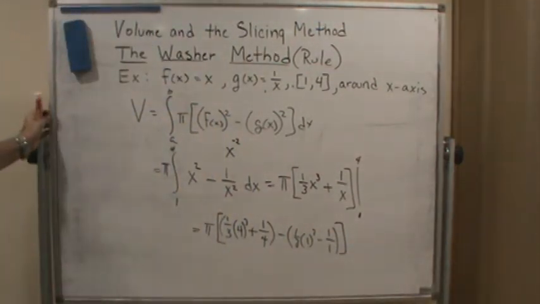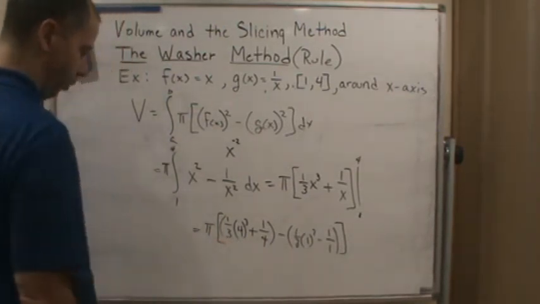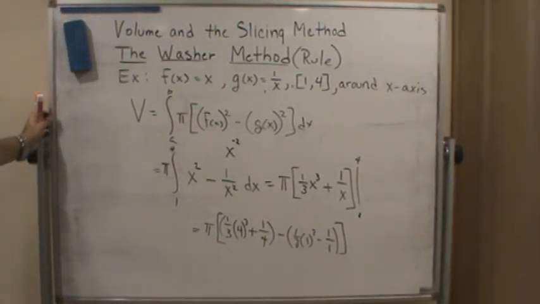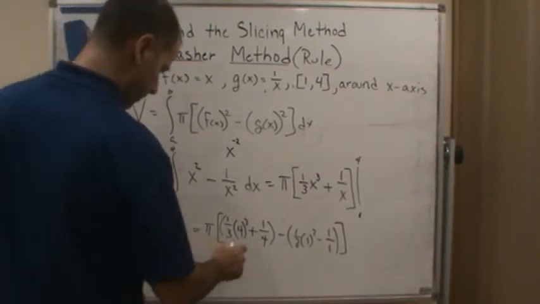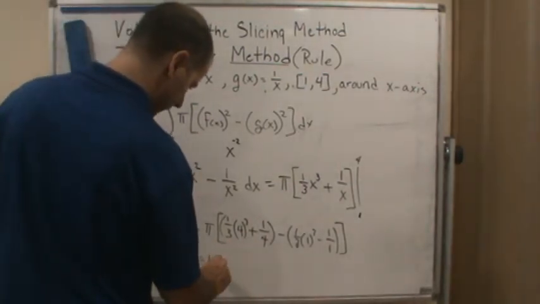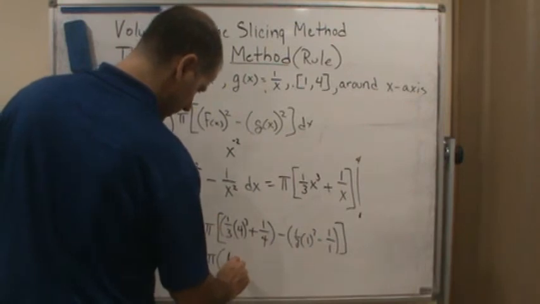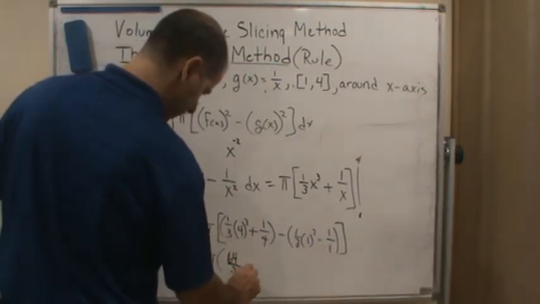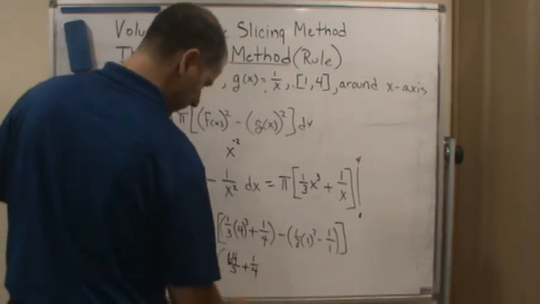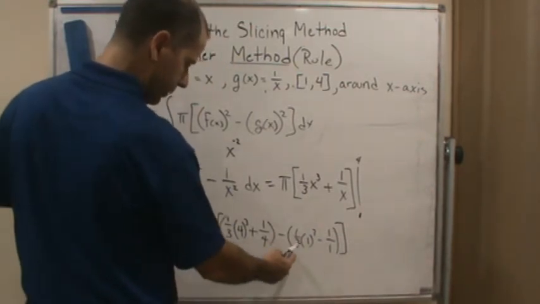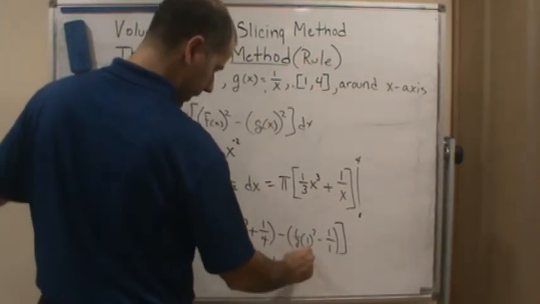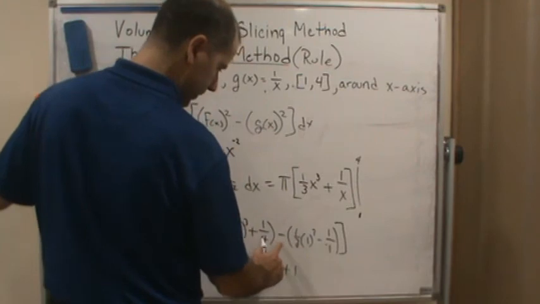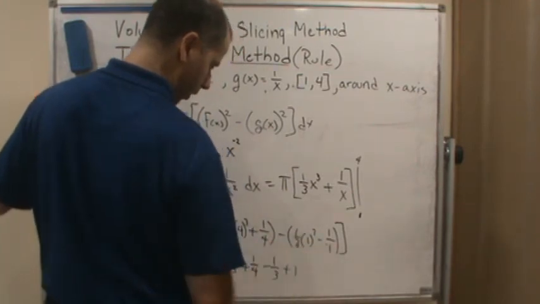Okay, so what happens over here? 4 cubed is 64. 4 times 4 is 16, 16 times 4 is 64. So we get 64 divided by 3. So this is going to equal pi times 64 thirds plus 1/4, minus 1/3, and then plus 1 because I distributed the subtraction across.